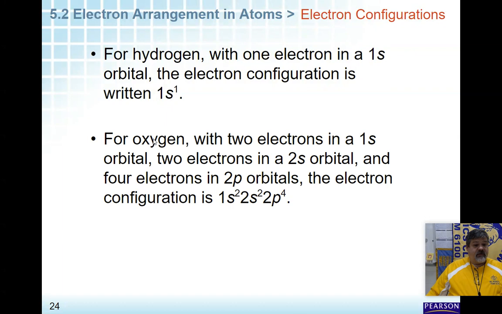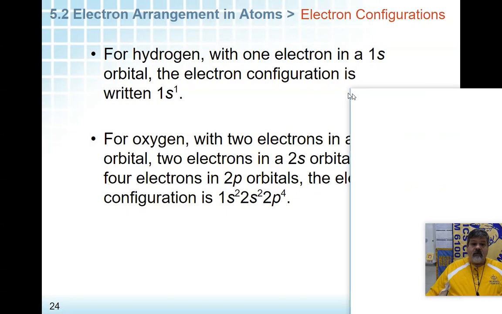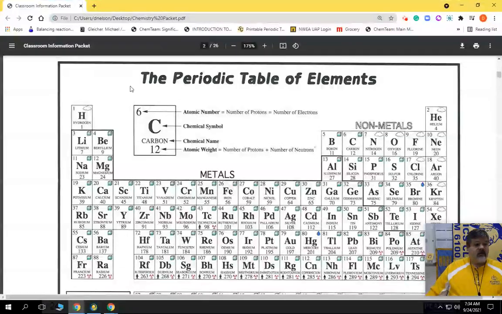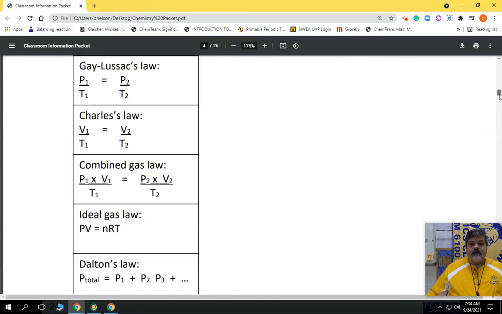If we had oxygen, and now notice oxygen has 8, so we start off with 1s2, 2s2, 2p4. If I went back to the periodic table, we would see that I would have 1s, 1 and 2, 2s, 1 and 2, 2p, 1, 2, 3, 4. Okay.